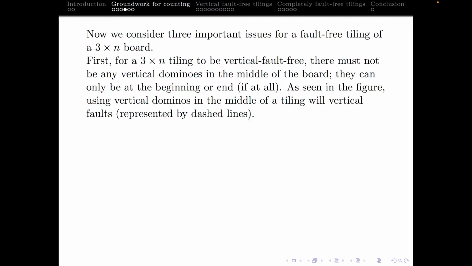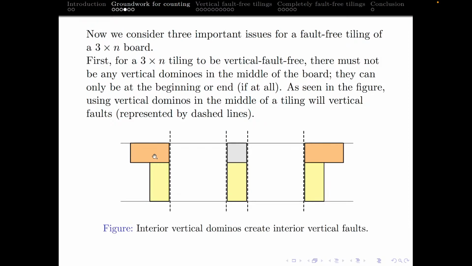First up, for any tiling to be vertically fault free, we cannot have any vertical tile in the middle. That is, if there is any vertical tile in the middle, then there has to be some kind of a horizontal tile above it or a square above it.